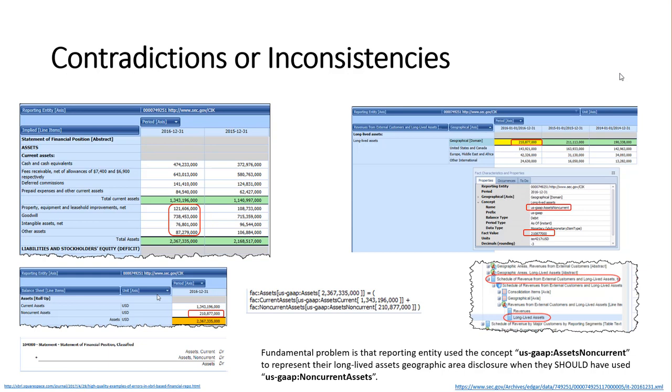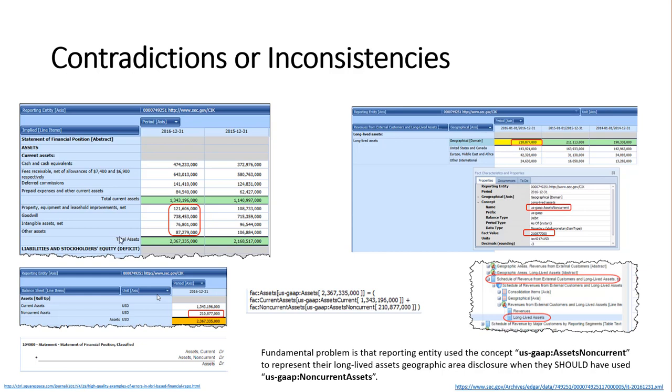On the balance sheet, the concept assets non-current is used to represent the subtotal of non-current assets. In this financial statement, the economic entity did not provide the subtotal for total non-current assets.